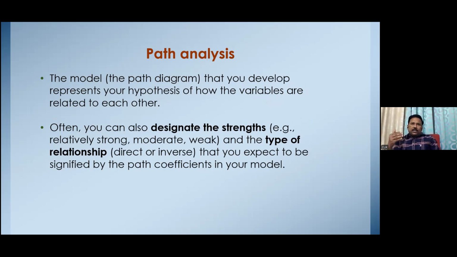In this path diagram, you can also designate the strengths. For example, the relative strength of the relationship, whether you are assuming a strong, moderate, or weak relationship, and whether you are looking for a direct or an indirect relationship, signified by the path coefficient in your model.